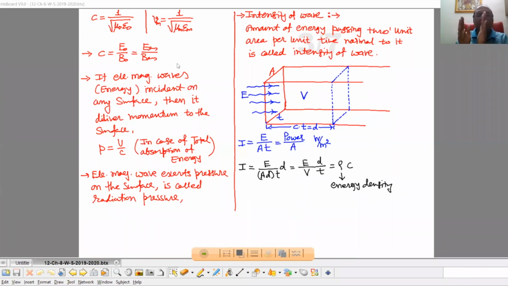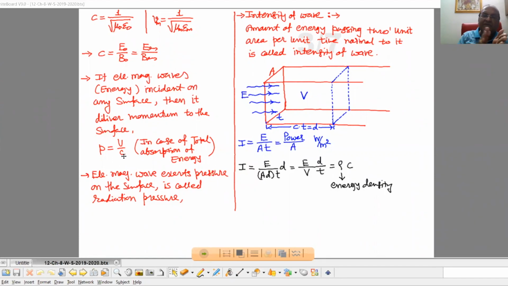In that case, momentum is imparted on the surface, and that momentum is given by U upon C, where U is the total energy incident on that surface.